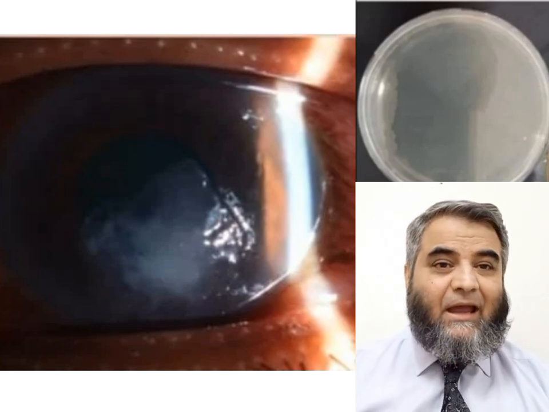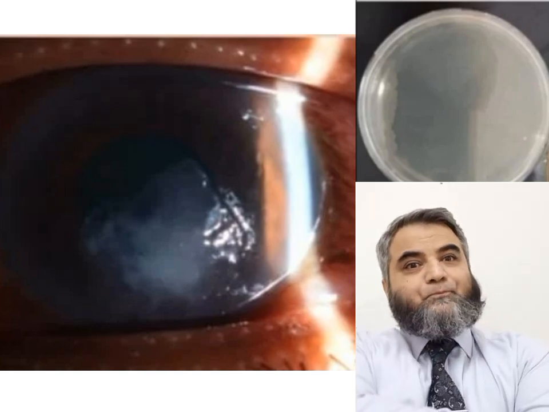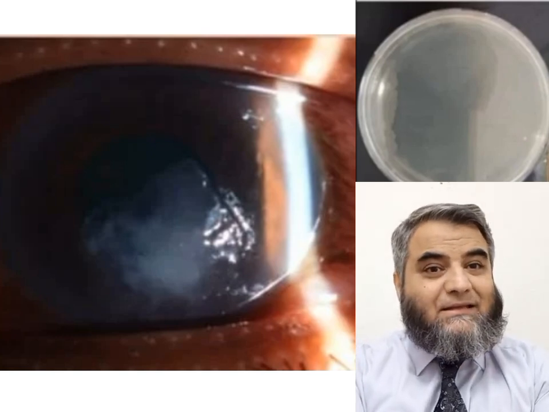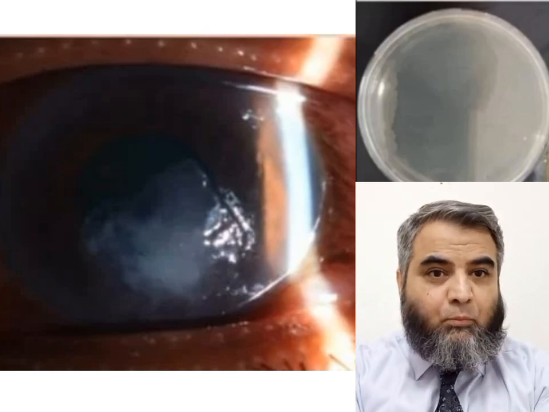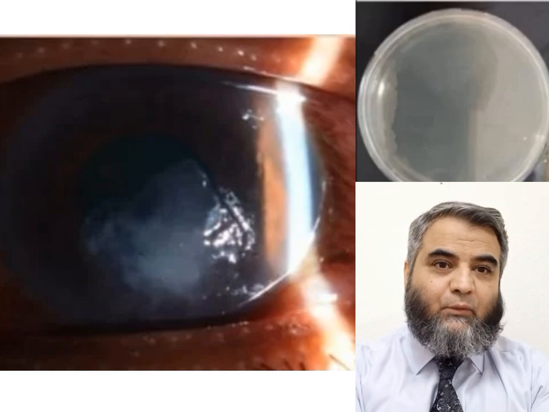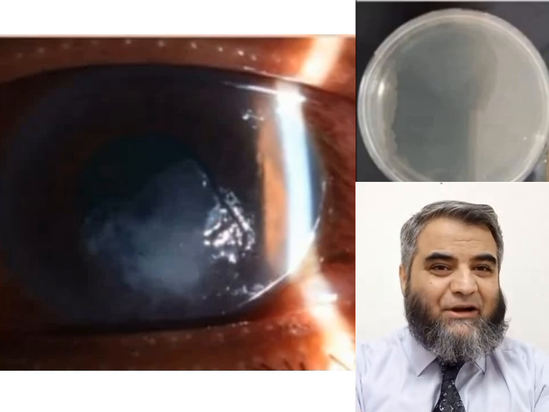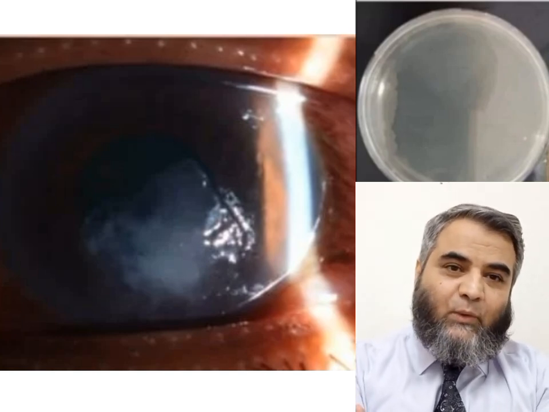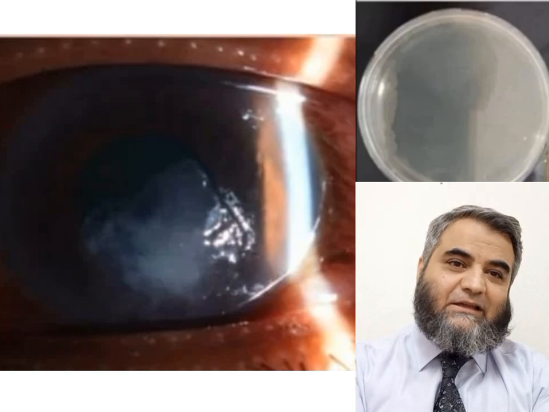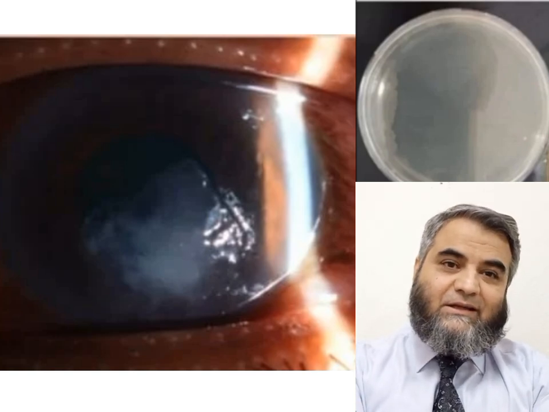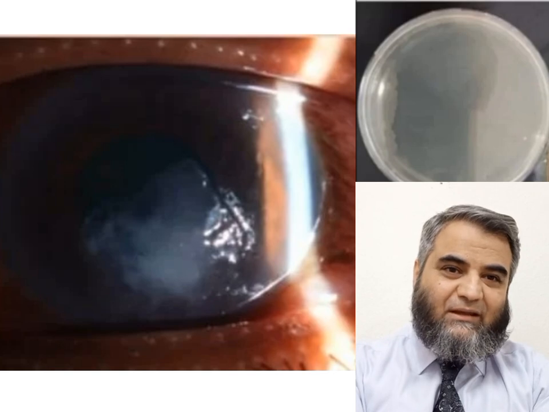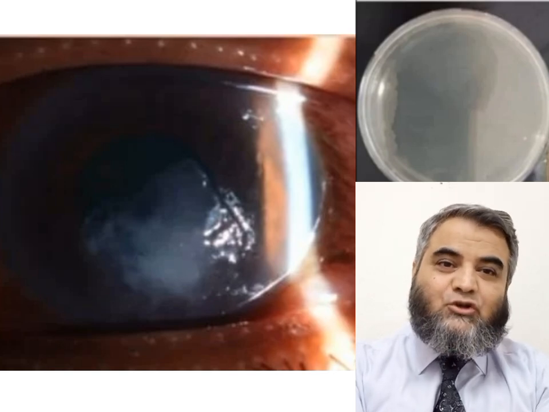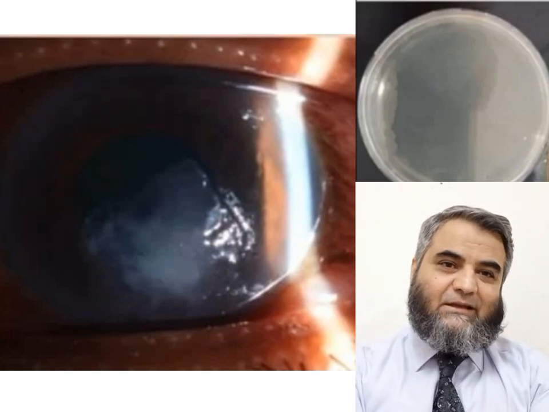As I always say, the cornea is avascular, it has no blood supply. Because there are no blood vessels, it is transparent, and when it is transparent, it conducts light. But it has some disadvantages because of this lack of blood supply. It has a weak defense mechanism.